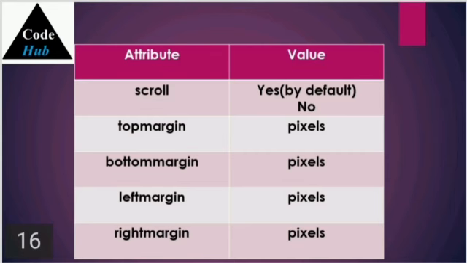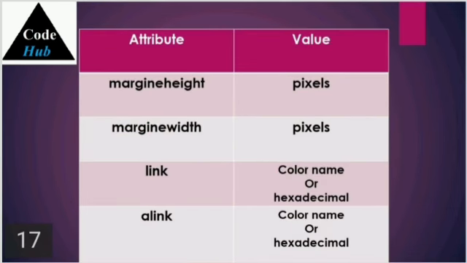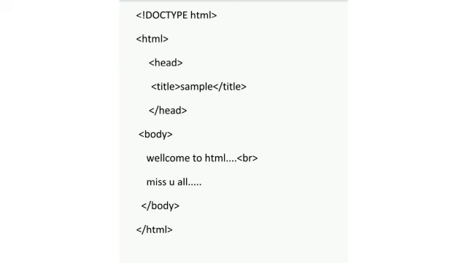The left margin creates empty space at the left and the right margin creates empty space at the right. It works vice versa. Marginheight specifies the empty space at the bottom and top. Next is marginwidth, which specifies the empty space at the left and right sides.